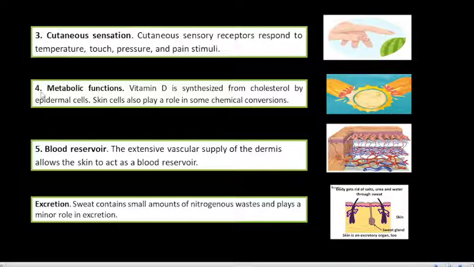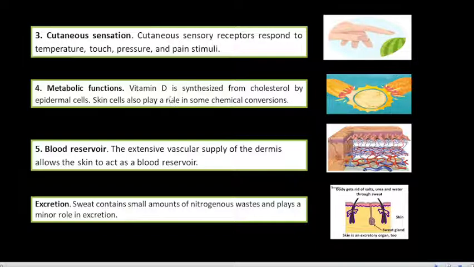Next, metabolic functions. So in here, vitamin D is synthesized from cholesterol by epidermal cells. So kapag na-expose ka sa sunlight, or you have cholesterol in your body, okay, so these cholesterols are being converted into vitamin D.